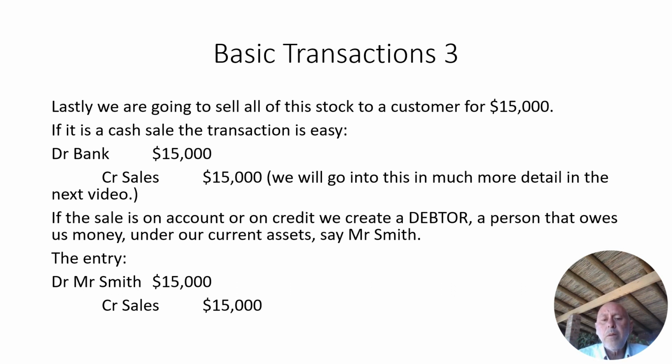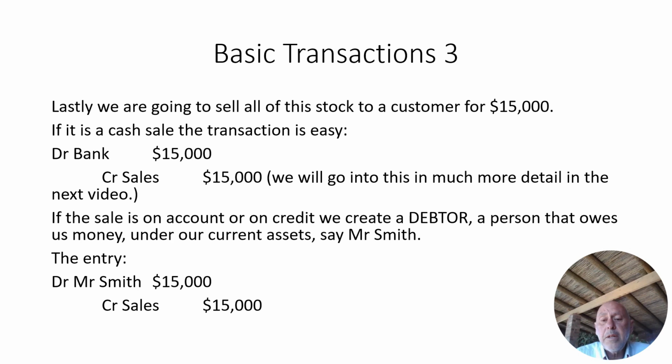But if we sold that same stock on credit, or in other words, we haven't received the cash from our customer, he is owing us that money. The opposite to a creditor, the business owes money to. The opposite is a debtor, a person who owes us, the business, money.